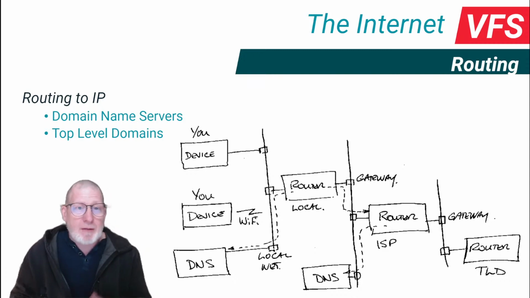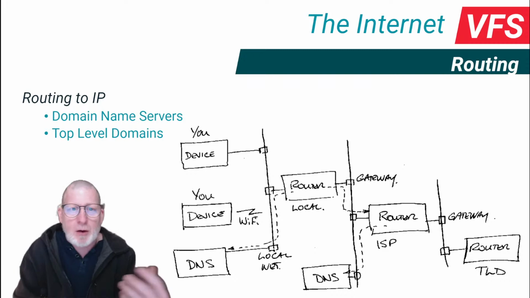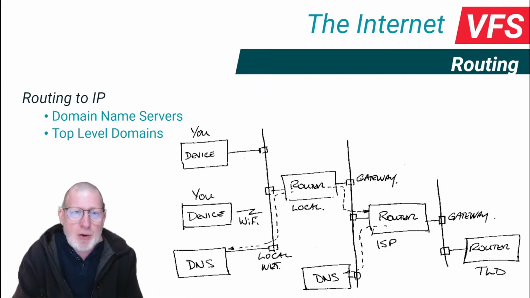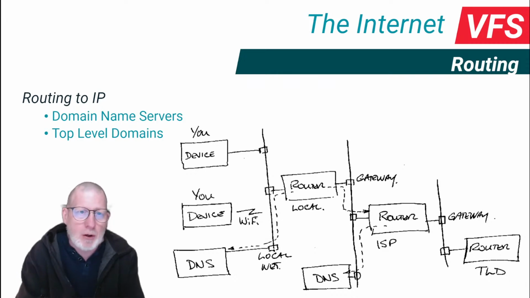And the reason the Wi-Fi is slower is in order to get reliability, they transmit things more slowly, and they transmit things multiple times to make sure that all the packets arrive at your router. And this is why your Wi-Fi connection is always in the order of 10 times slower than a wired connection.